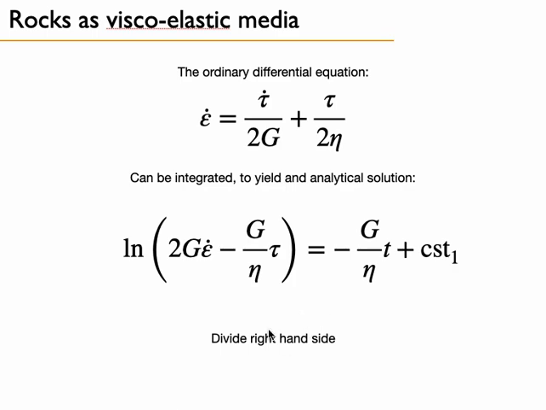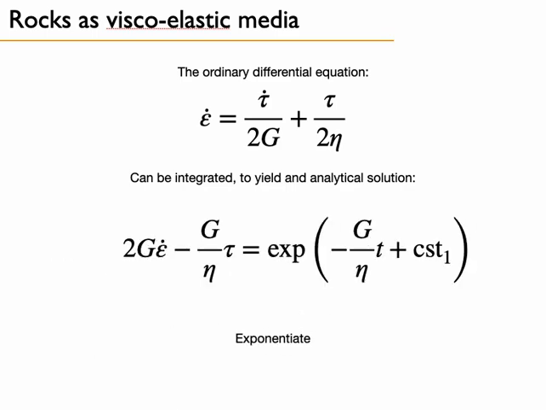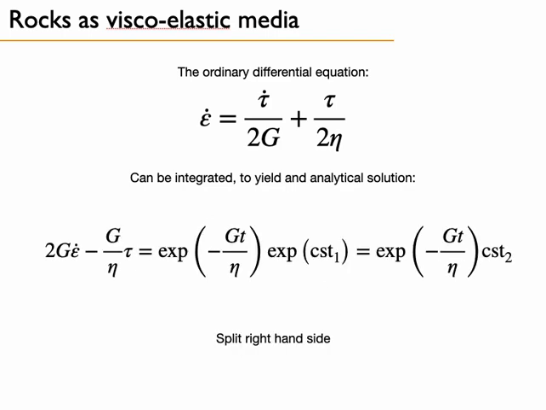We can exponentiate the expression with the log. So if you exponentiate this expression, the natural log will disappear, but we will have the exponential of g divided by eta times t with the minus sign, on that side of the equation. We split the right-hand side.